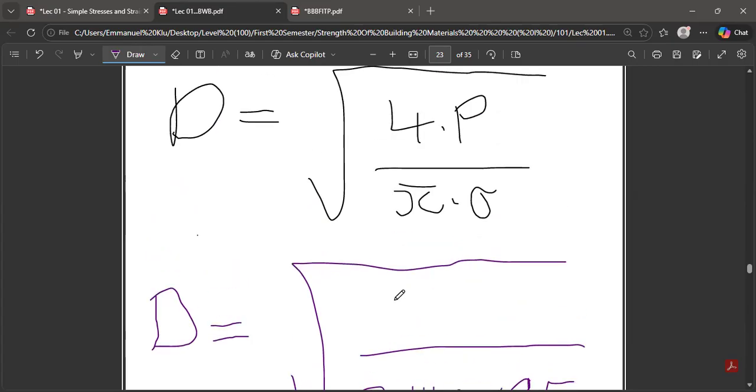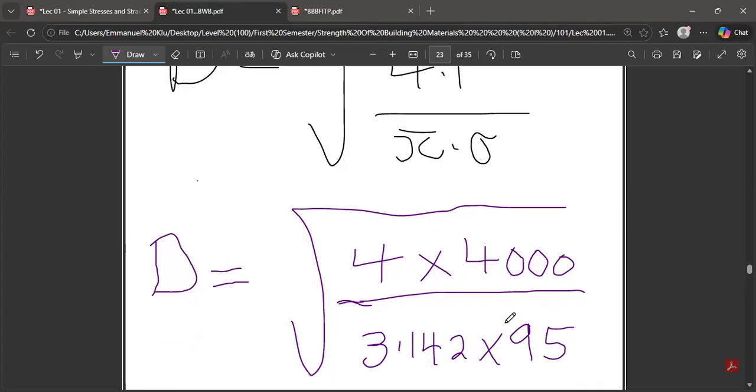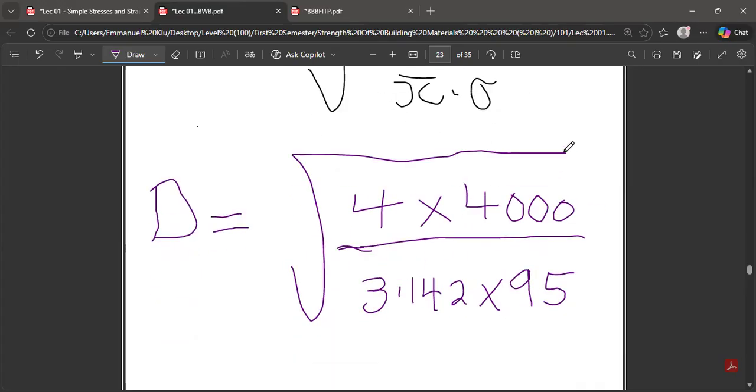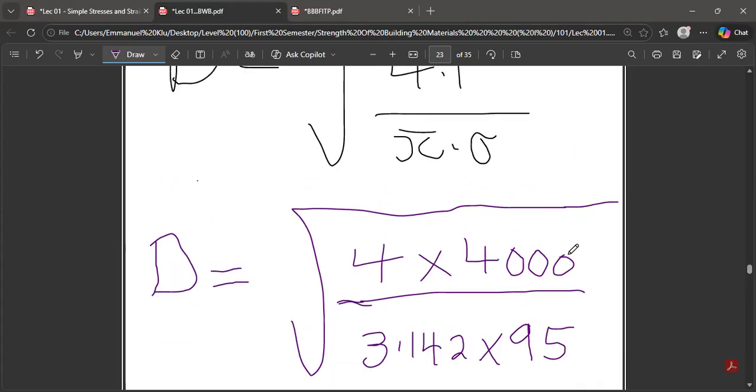Let's come to the numerator. 4 times 4,000. So 4 times 4,000. Good. Right. So quickly solve this for me and tell me the answer and let's proceed.